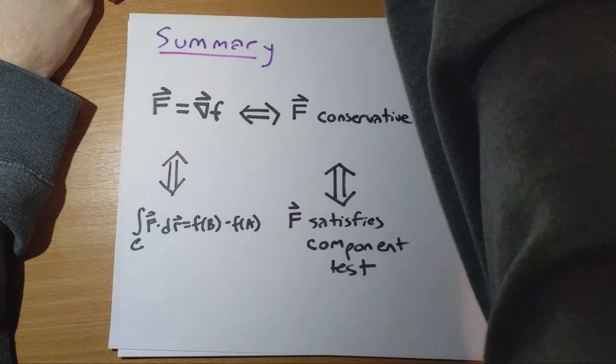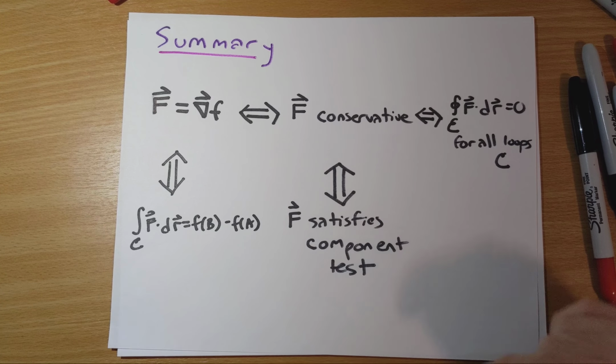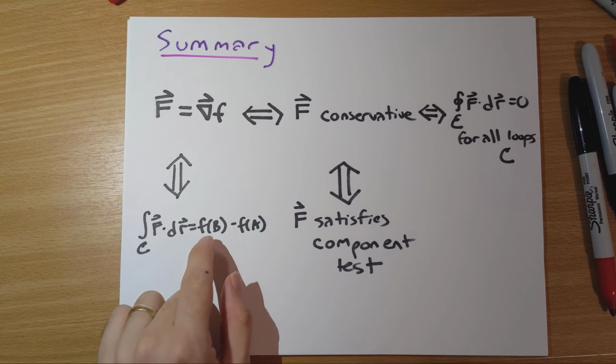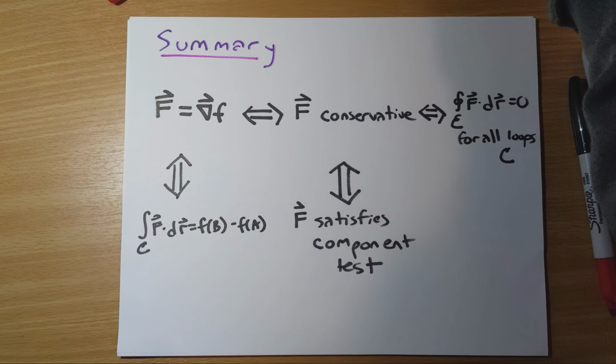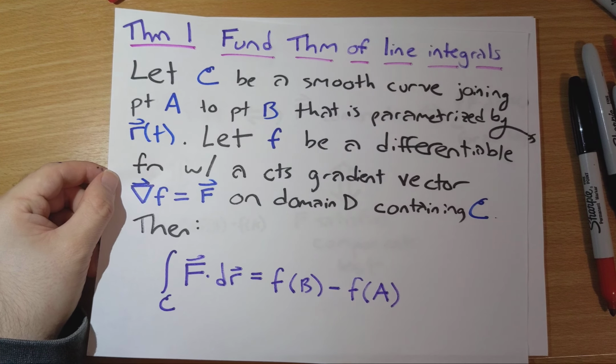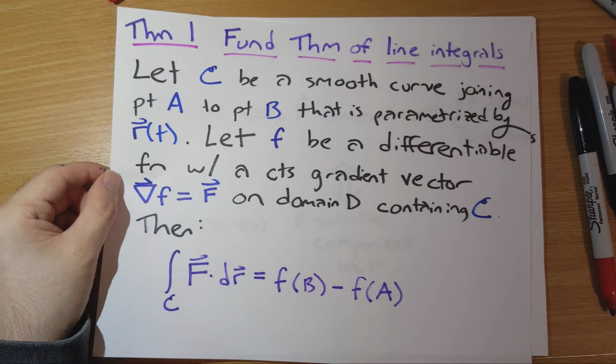And so we have these two definitions here. Down here, the integral of F dot dr is equal to little f of B minus little f of A. This is like an abbreviated statement of the fundamental theorem of line integrals.